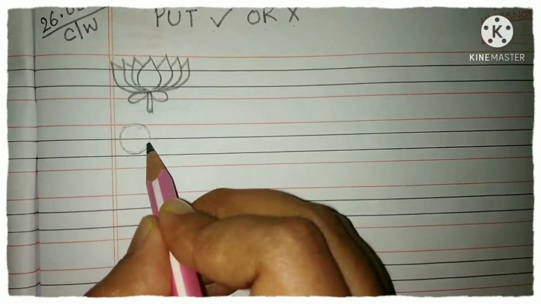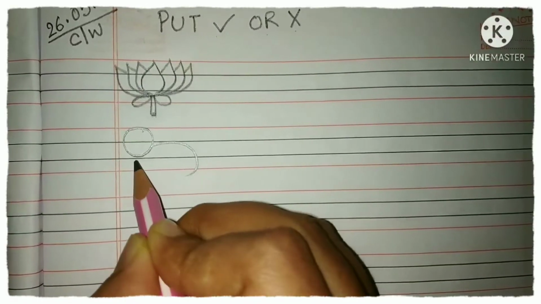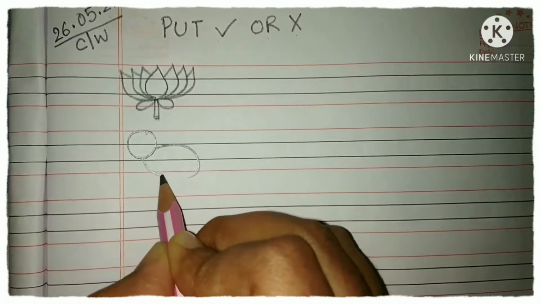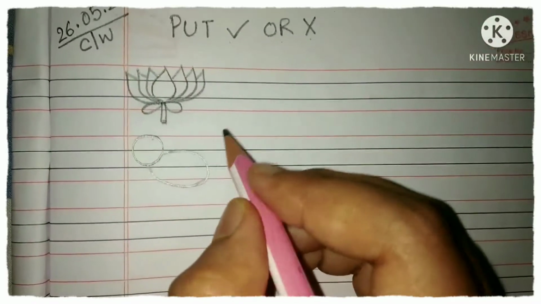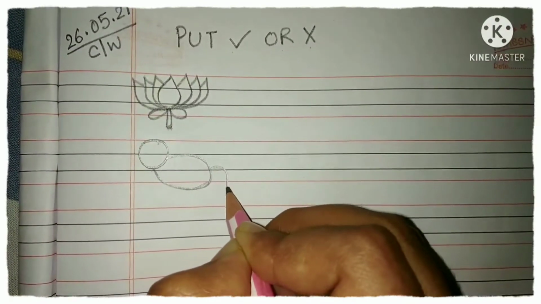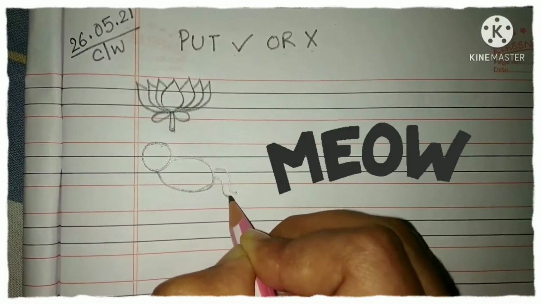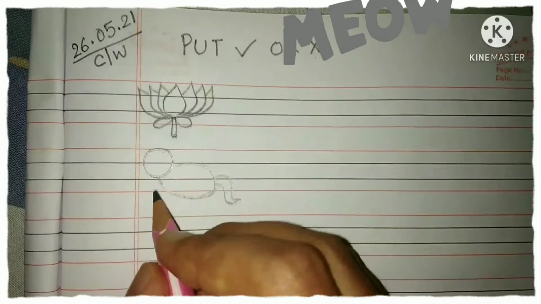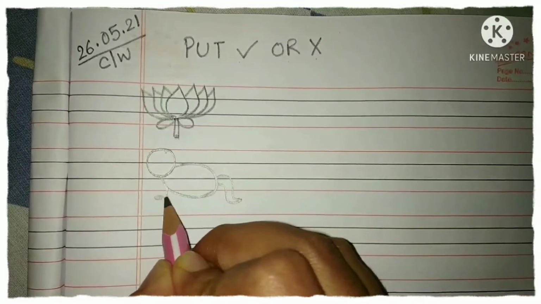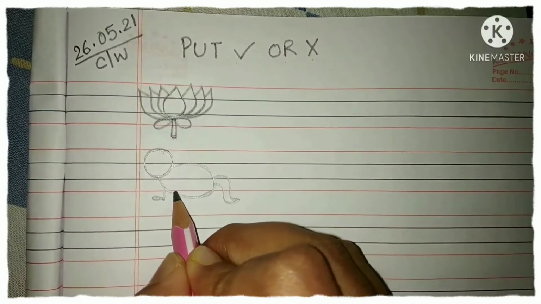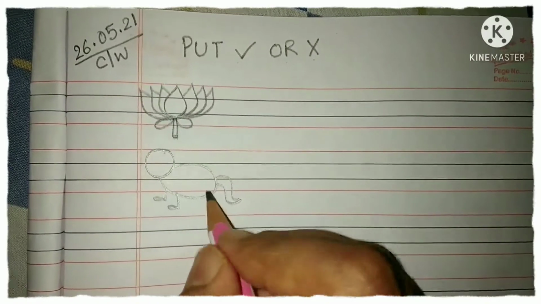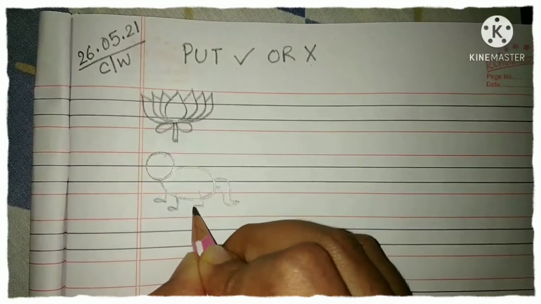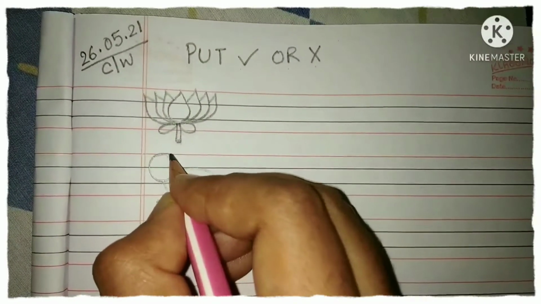Can you guess the name of this animal? This animal is also called the pet animal. It has a tail and 4 legs. Can you guess the name of this animal?